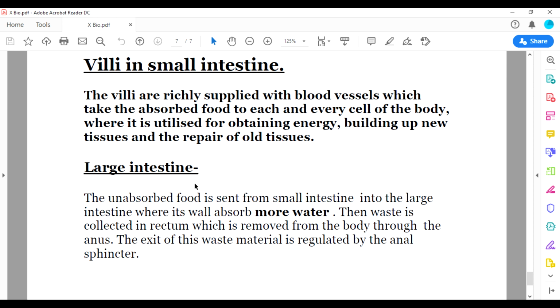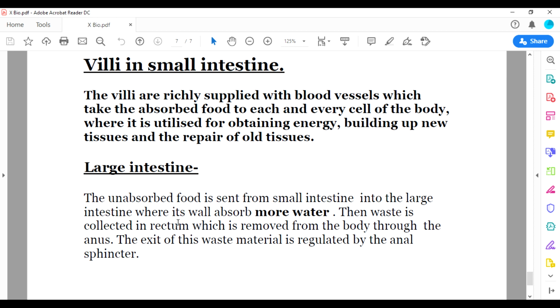Then what is the function of the large intestine? It plays no role in digestion, but it is very important because here maximum water absorption takes place and the food is turned into a semi-solid mass, and this semi-solid mass is then passed to the rectum.